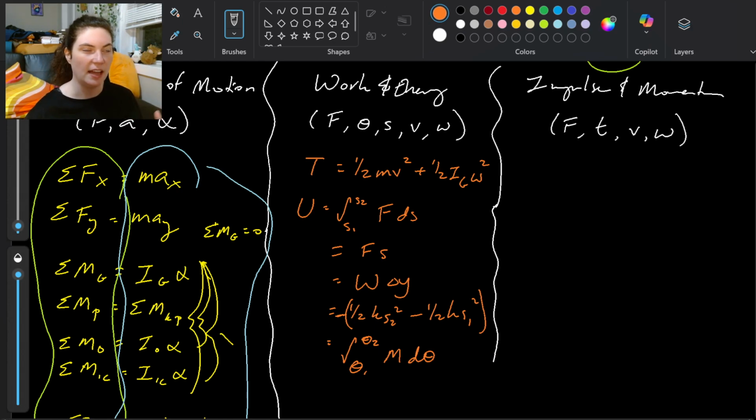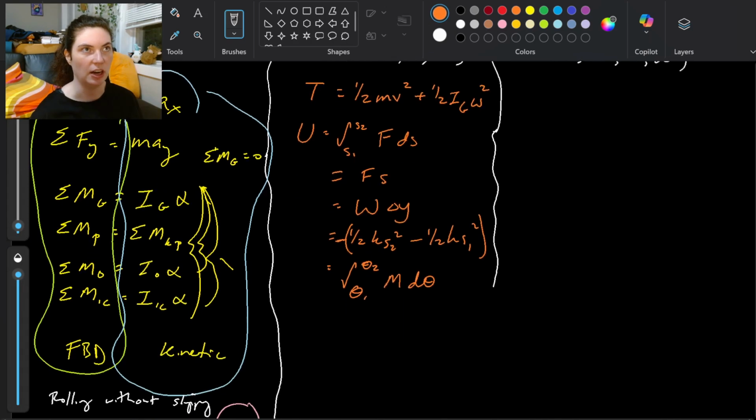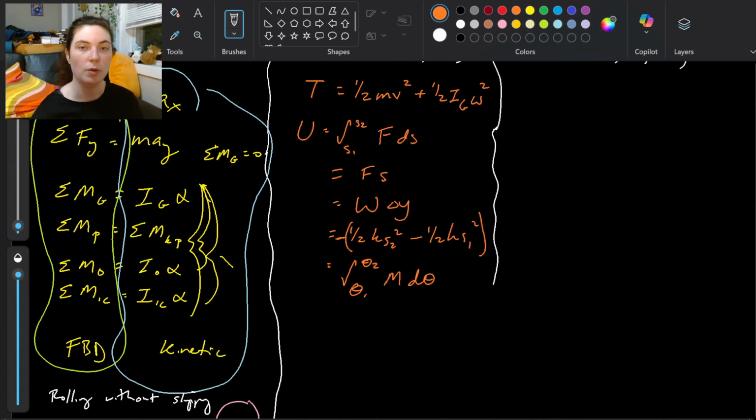Other than that, the applications were pretty much the same as we had seen in our particle applications, where we were using our principle of work and energy, which was T1 plus the sum of all of the work from 1 to 2 equals T2. And then we also had a lot of problems where we could use conservation of energy instead. That's our T1 plus V1 equals T2 plus V2.